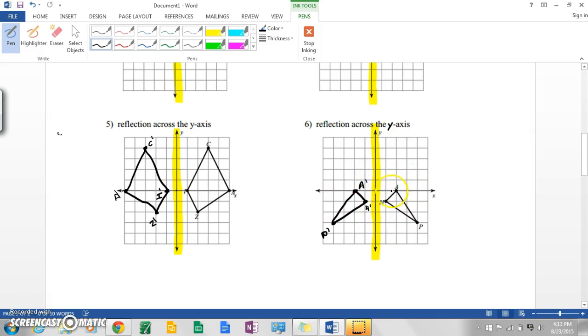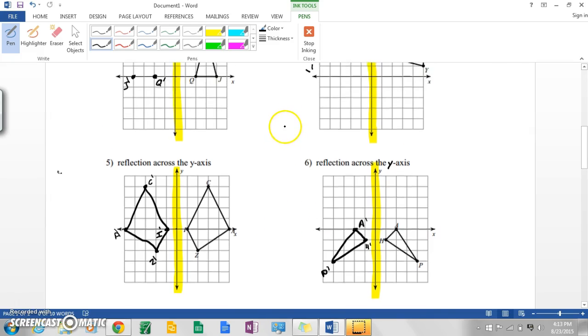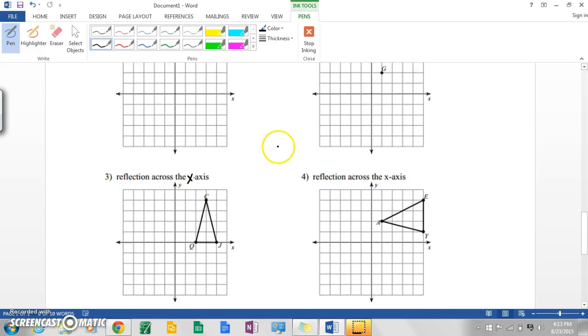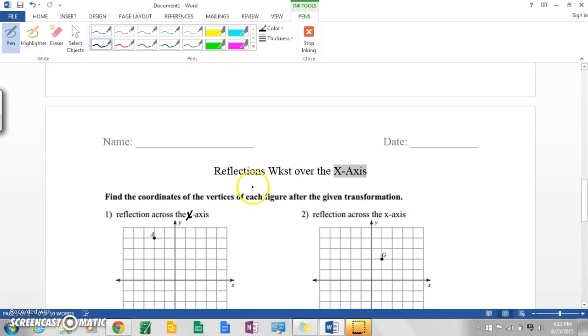Okay. If you have any questions, at this point now would be a good time to raise your hand and bring me over to see if there's anything I can help you with. If not, you can go ahead, close this video, and continue to the next video that discusses reflections over the x-axis.